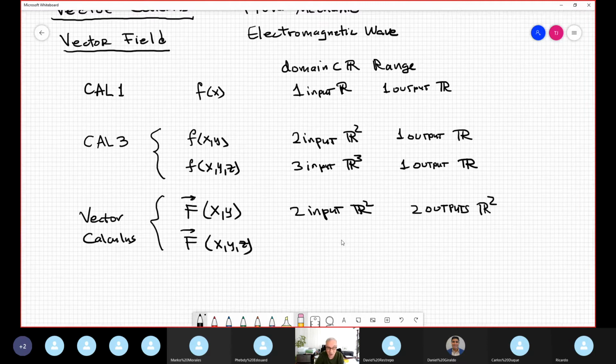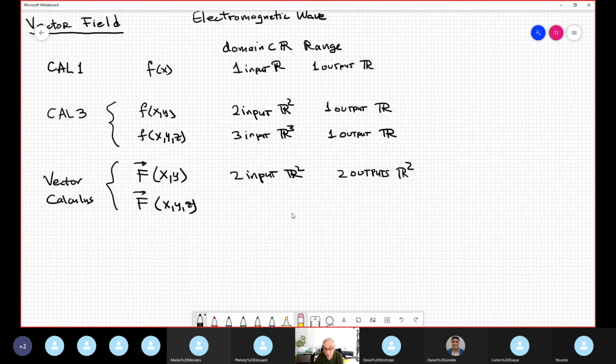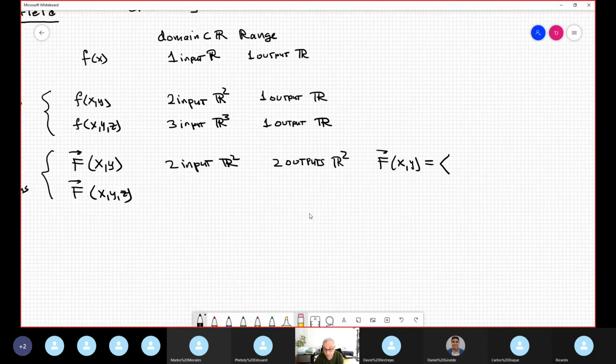Why? I don't understand, Professor. The definition of the vector field is a function, but for example, you have F(x, y), and you define it like a vector with 2 components. The letter frequently used is P, so the function P represents the first component, and the function Q represents the second component.